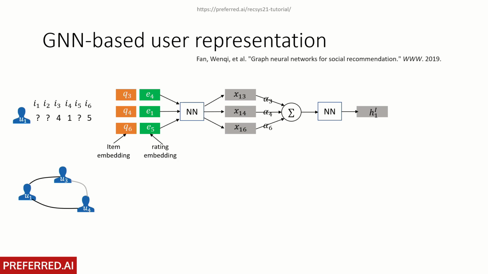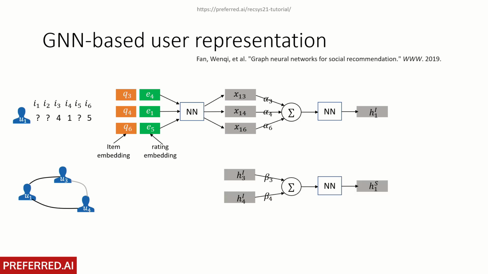Since you can think of them as attention weights if you are familiar with the attention mechanism. Then we combine them into some unified representation. We can project it with some neural network, and it can be as simple as the identity transformation, which means you don't have to apply transformations every time, but just to make it general, then you obtain this item-based user representation.